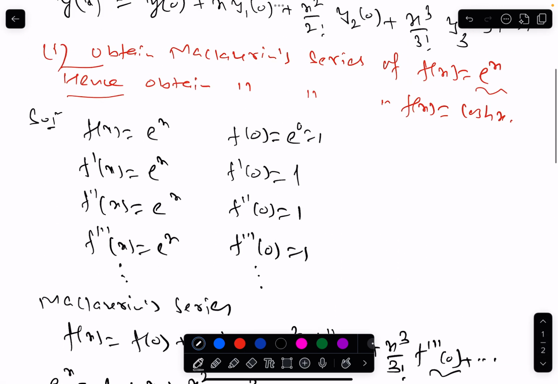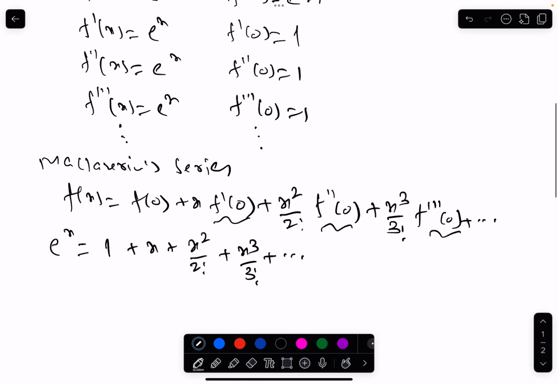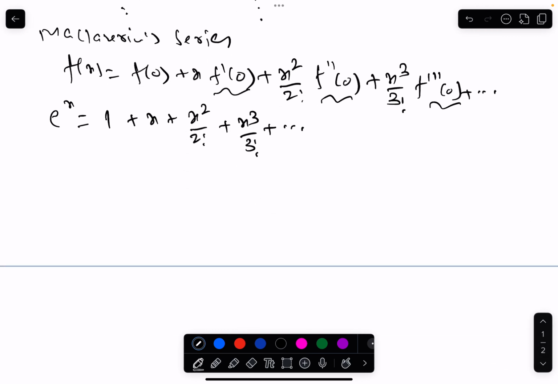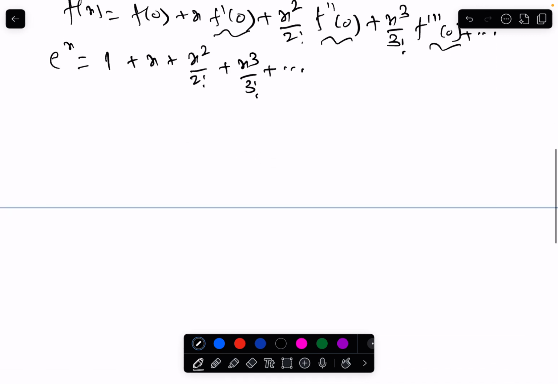Now we would like to find the Maclaurin series of cosine hyperbolic x. And we know cosine hyperbolic x is nothing but 1 by 2 into e power x plus e power minus x. Now this is the Maclaurin series of e power x. You can find the Maclaurin series of e power minus x just by replacing x to be minus x.